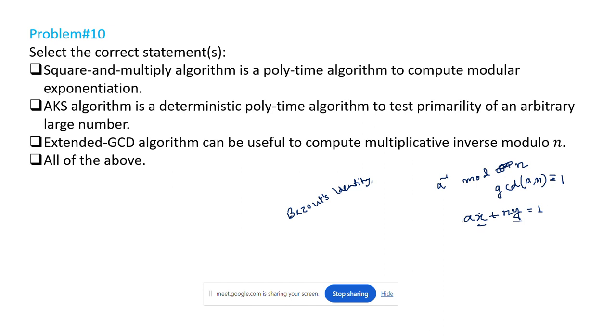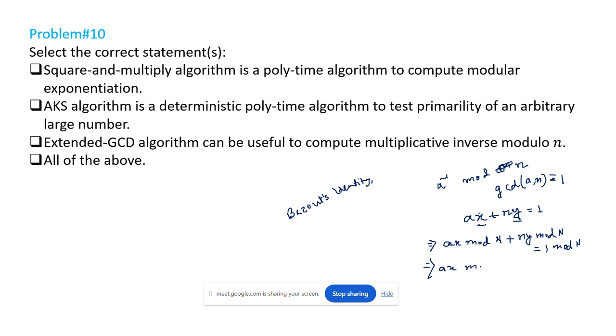And once you have found that, then you can just apply modulo n on both sides. That gives you ax mod n plus ny mod n equal to 1 mod n. Now ny mod n is 0, because ny is a multiple of n.